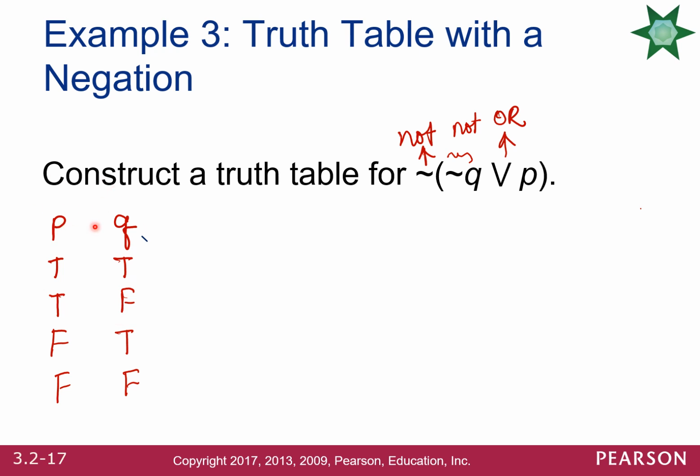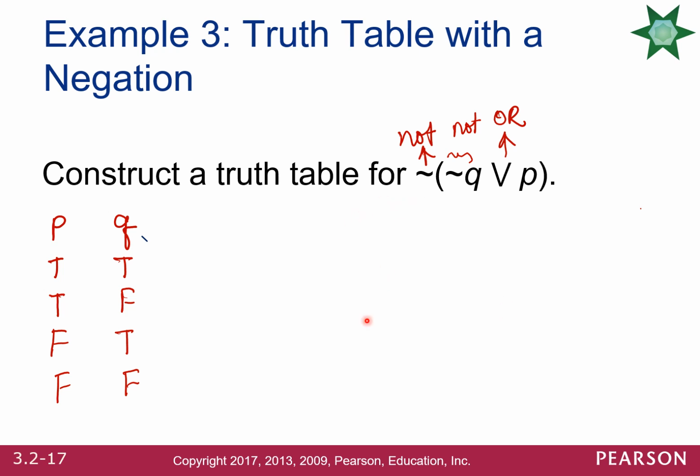So we have 2 statements, so 2 to the power 2 is 4. So we have 4 cases here. All right, now in the subsequent columns, we will use the symbols given, and then that will lead us through the steps to getting the final truth table, the final answers.